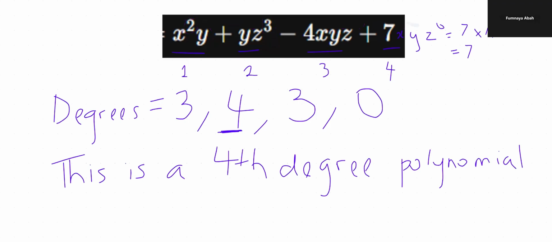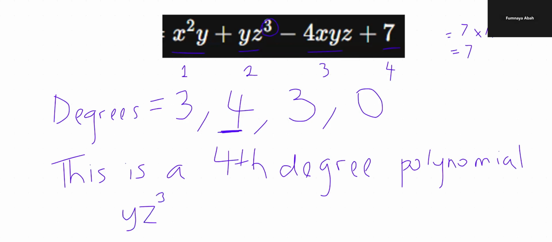So looking at this, we can see that the first term has a visible degree of 2. We can see the second term has a visible degree of 3, and then we have the third and the fourth term. So looking at this, 3 is the highest visible term we can see here. So we can rewrite this expression and have y times z raised to the power of 3 as the first term.